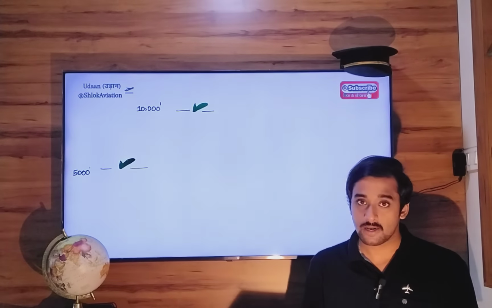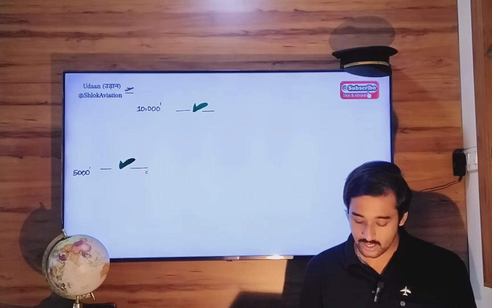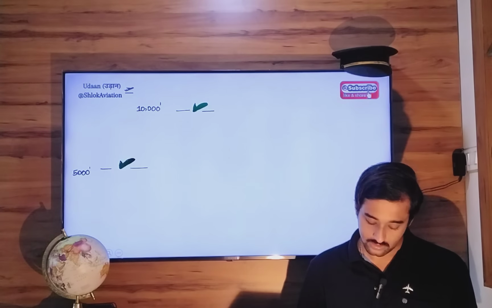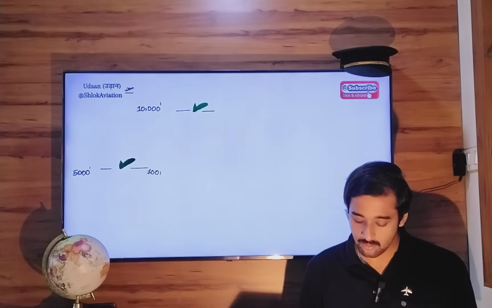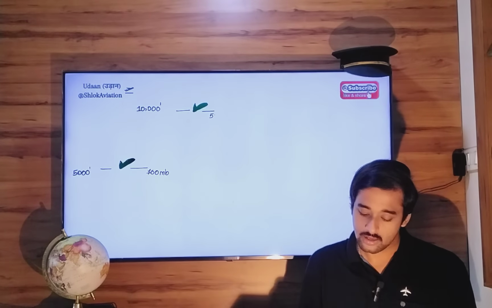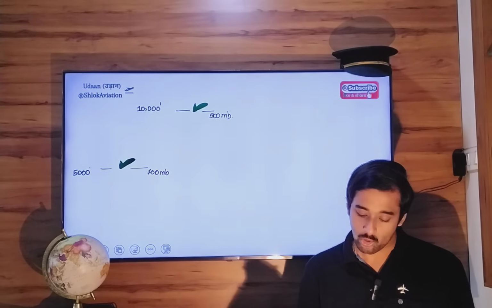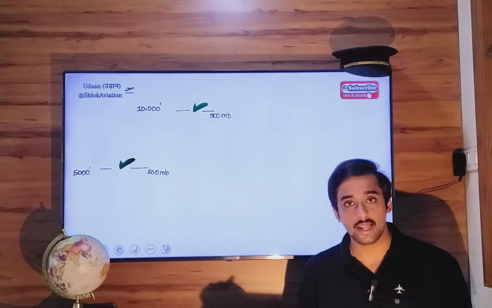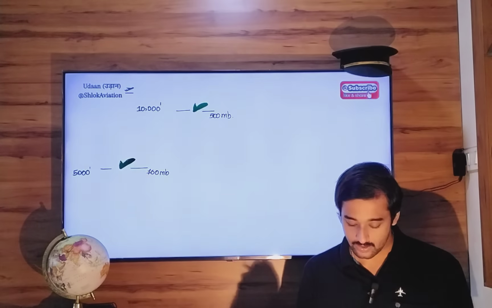Now the static pressure at 5,000 feet is, let's say, 700 millibar. At 10,000 feet, it is 500 millibars. Just for example, I know it's not 500, it's more than that. So what will happen? Static pressure will decrease as you go from 5,000 feet to 10,000 feet.